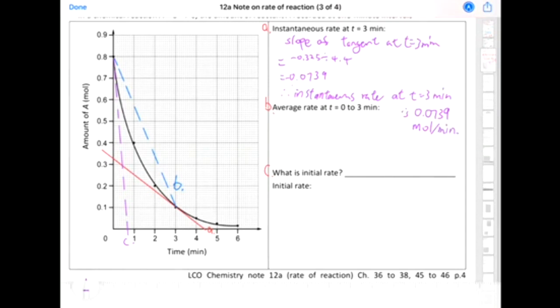After you calculate the slope, and then you just convert it back to a positive number, and then finally you add back the unit. Now the y-axis, the unit is number of moles, and then for x-axis is minute. So then finally you combine these together.